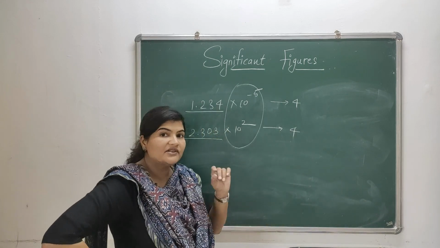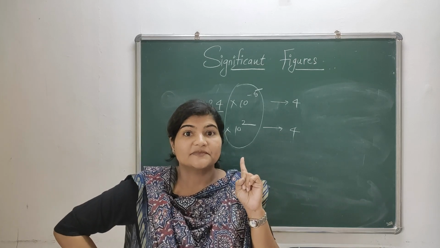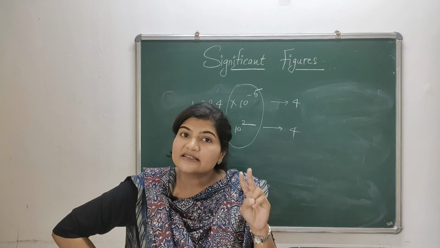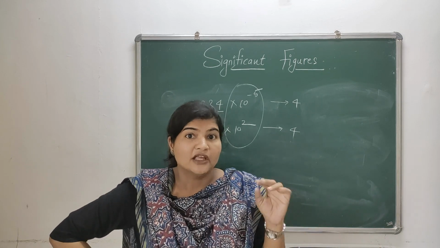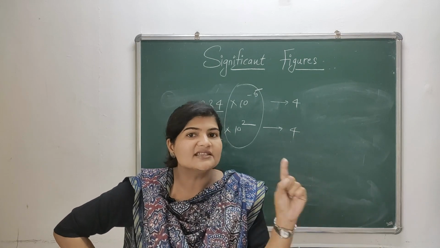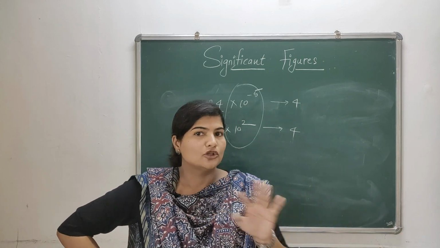So I will briefly revise. First, significant figures are independent of decimal point placement. Second, all non-zero digits are going to be significant. Now talking about zeros, if the zeros are placed between non-zero digits, they are significant. If they are on the left side of a non-zero digit, not significant.